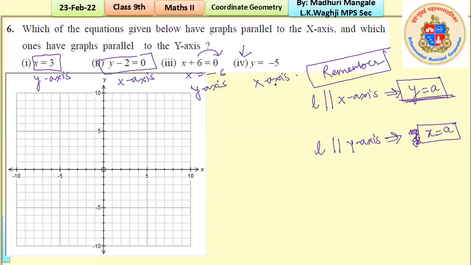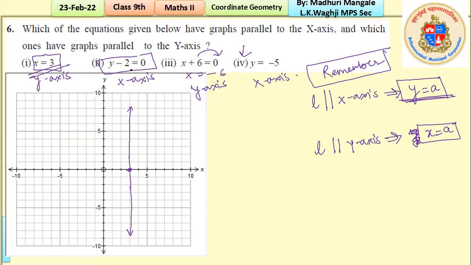And in case you want to see the graph of each of these: x equals 3, that means on the x-axis check where 3 is. So this point is 3. That means the graph will be a line passing through x equals 3, like that. Next is y minus 2 equals 0.